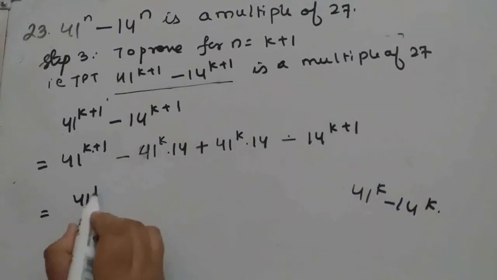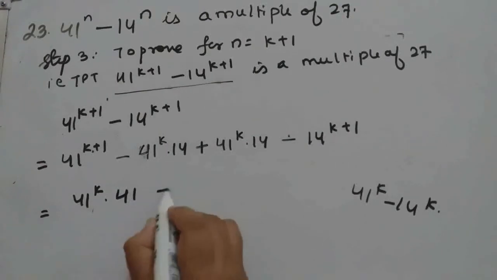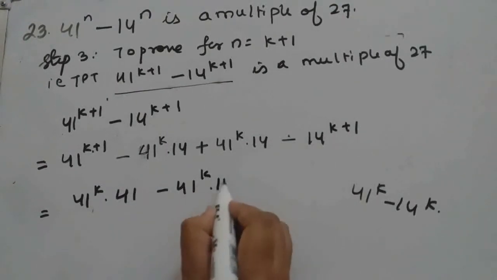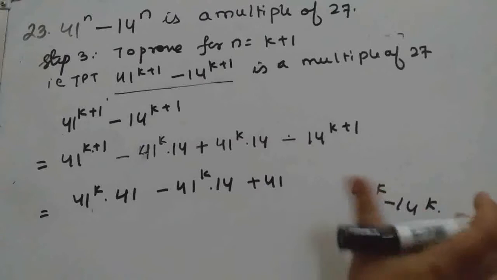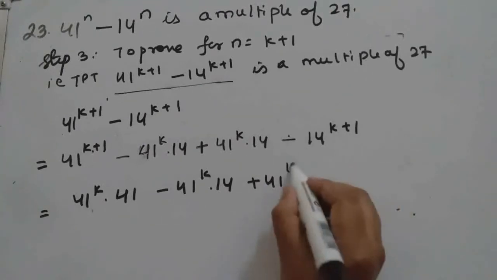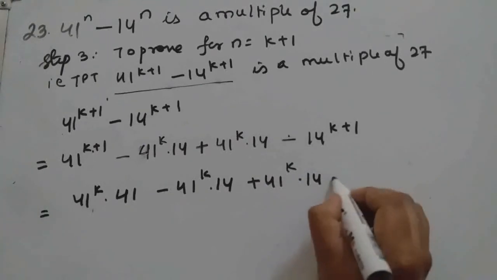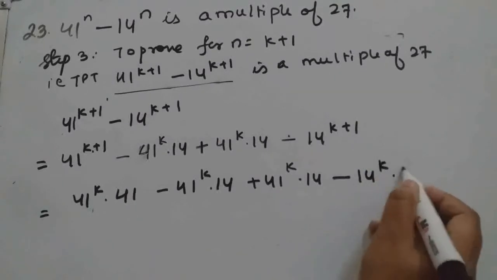Now 41 power k into 41, 41 power k into 14, and here 14 power k into 14.